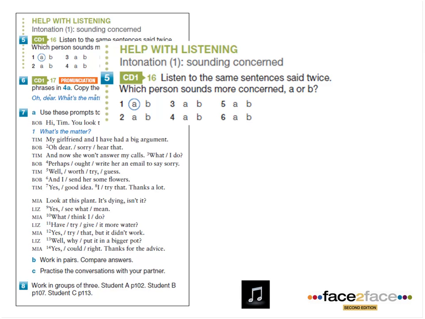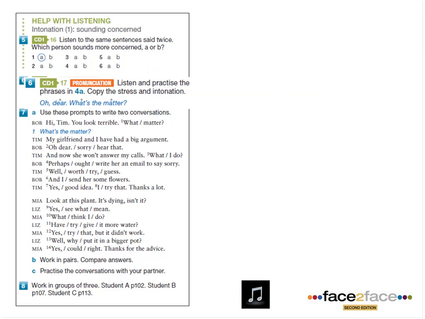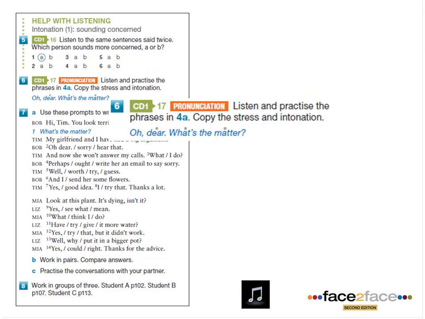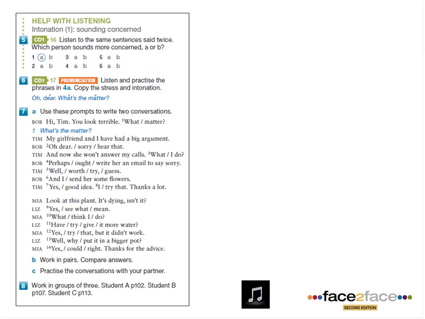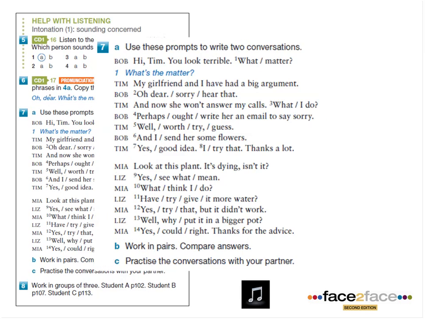Etc. So they listen to decide which ones are more concerned. And that really highlights that the change in pitch of the voice is what makes you sound concerned. Having taught students that, we can then drill the language where they copy the stress and intonation, and then move on to practice.